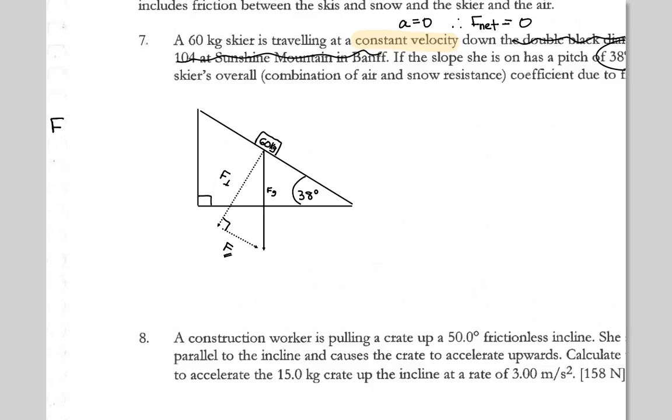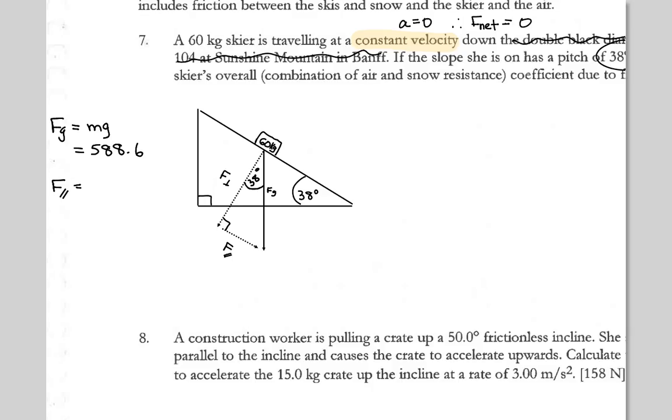Okay, so let's establish some values. FG, 60 times 9.81, is 588.6 newtons. F parallel is opposite to our 38 degrees. Remember, you also have 38 degrees up in here.